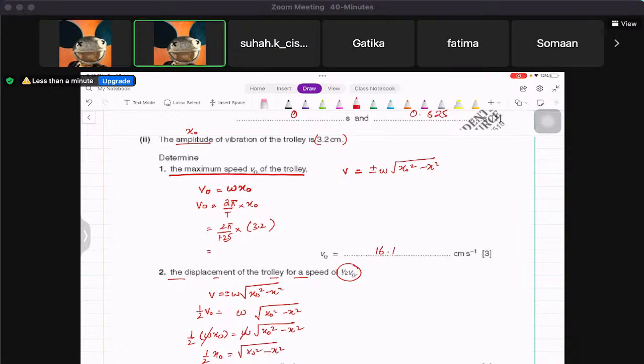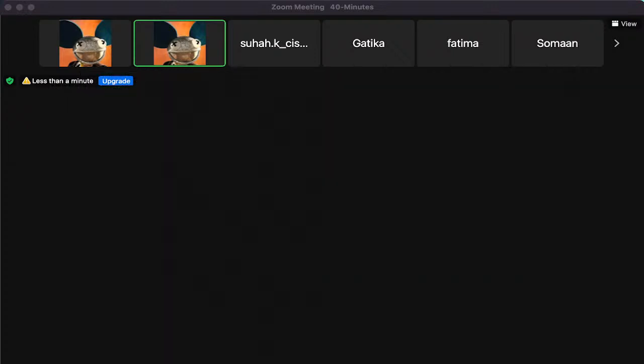If I square this, it is going to be a quarter x naught squared equals x naught squared minus x squared. So x squared equals x naught squared minus one quarter x naught squared, and I'm going to put in the values: 3.2 squared minus a quarter of 3.2 squared. And that's x squared. Okay, this is interesting.